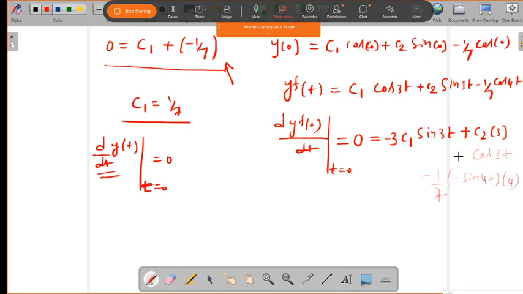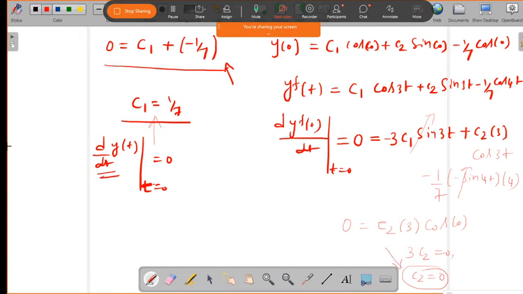So you have to put t equal to 0, which is given by the initial condition 0. If you put t equal to 0, this will eliminate and also this will eliminate. You will get C2 into 3 into cos of 0, which is nothing but 1. So 3 C2 equal to 0, or C2 will be 0. So by putting initial conditions, we will get C1 as 1 by 7 and C2 as 0.